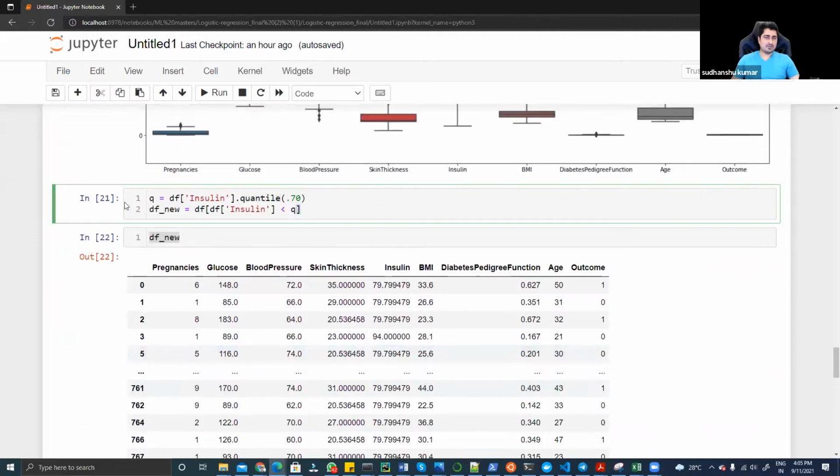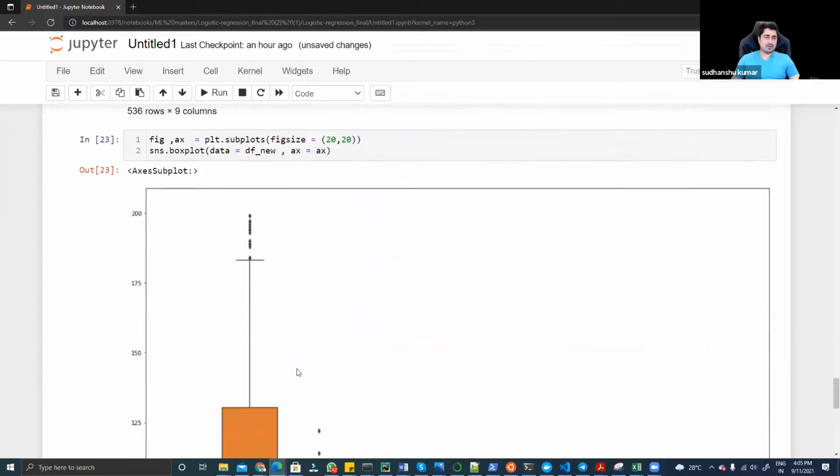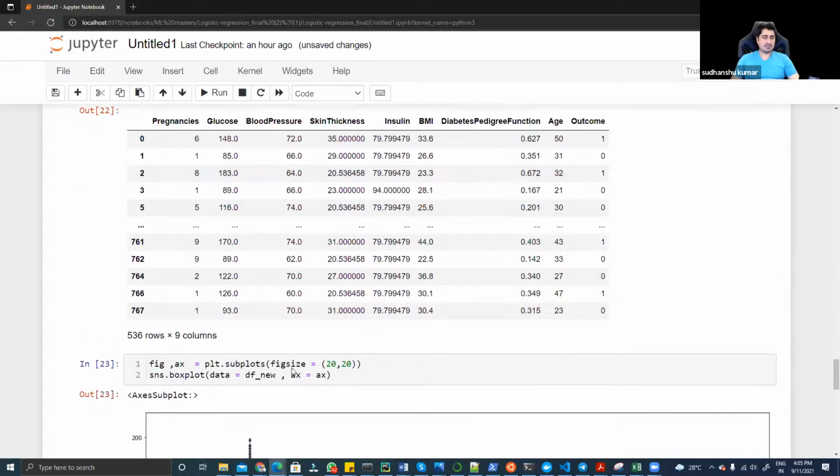Okay, so now let's try to do these things in a respective process. So I will not do it in this way. Maybe what we can do is, one by one, we can look into that. First of all, I'll try to lose some of the data set from the pregnancies column, because there are minor outliers that we have over here.